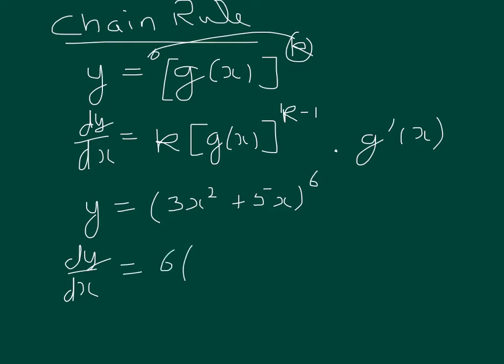So we have 6 times (3x squared plus 5x), and then we have 6 minus 1, which is 5. Now this whole thing times the derivative of the expression inside the parentheses, which is 6x plus 5. So this is our answer of using the extended power rule.